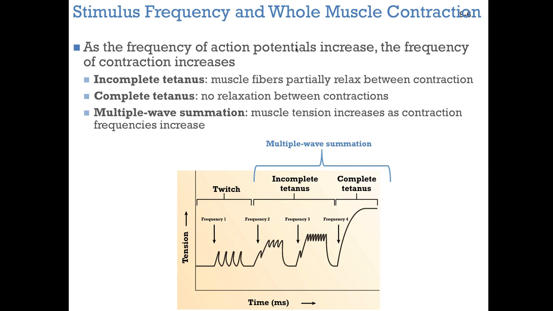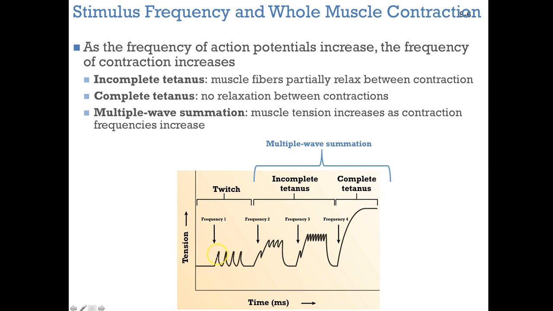It's a period where we have sustained contraction. So let's focus on this image down here real quick. See how this is sustained and we keep that tension in place? If we have enough action potentials happening back to back, then we get this complete tetanus.